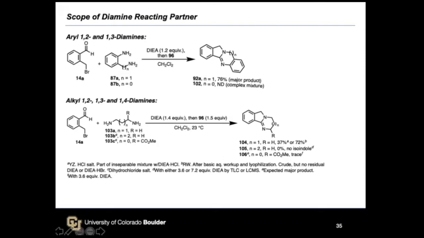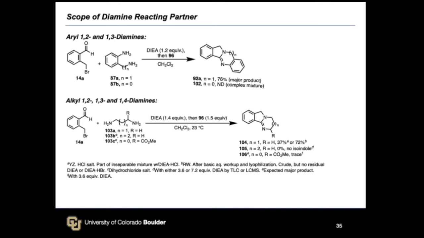And we investigated the dihydrochloride salt of diamine 103B, which is a 1,4 diamine, and that gave 0% conversion to the isoindole with up to 7.2 equivalents of DIEA. Perhaps a stronger base would be needed to deprotonate the salt.